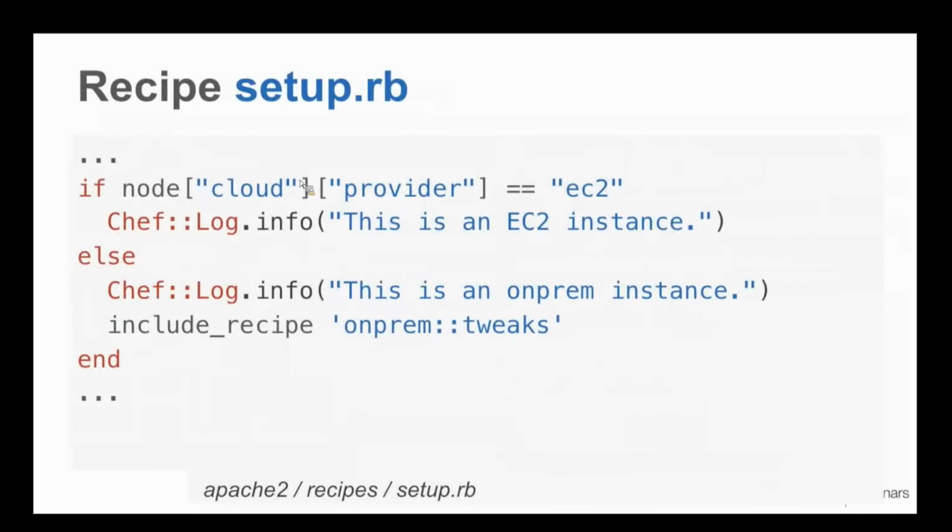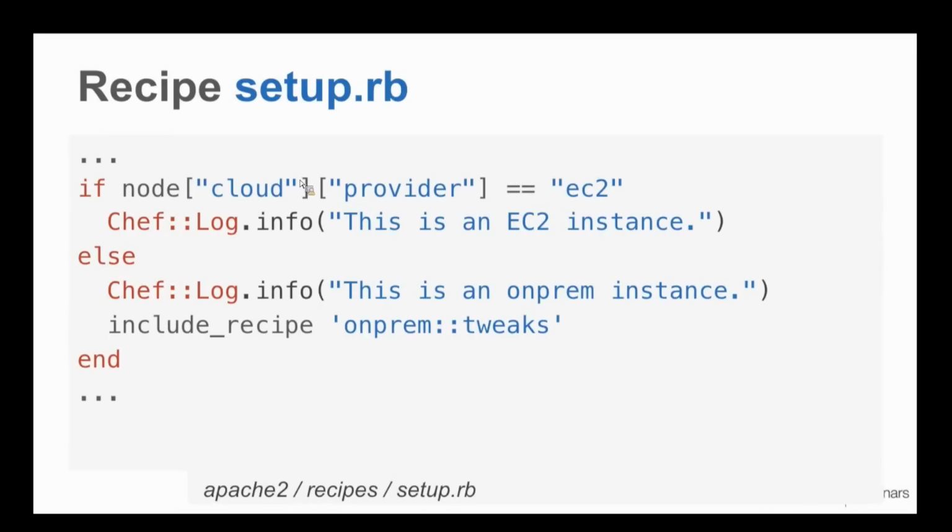Coming back to the technical side, you might think, oh my God, this is really complicated, but it's pretty much as easy as before, like the example I showed you with the operating systems. So in your recipe, you call something like if node, and this is again the structure that is provided in the context of every Chef run. If in the node cloud, the provider is EC2, you would log to the Chef log, this is an EC2 instance, and would let it be.